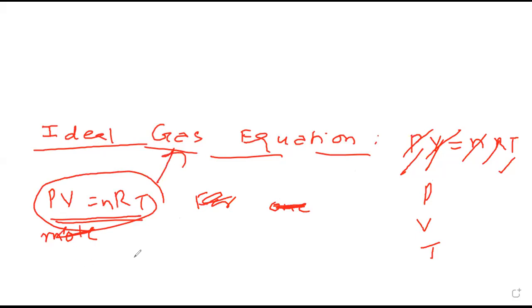What is ideal gas equation? Relation between whom? Pressure, volume, and temperature. Right.